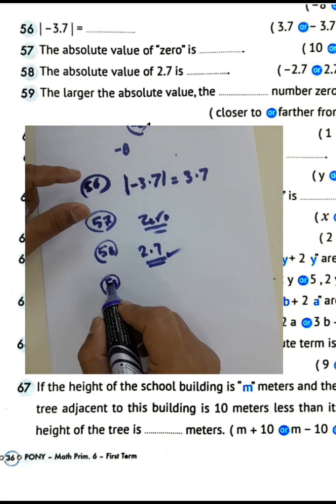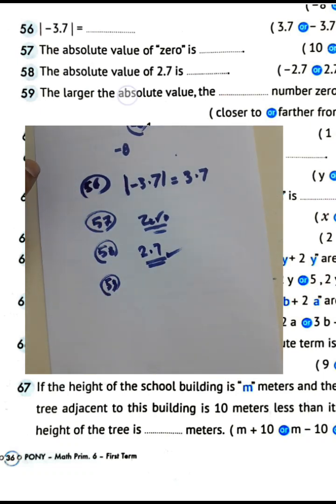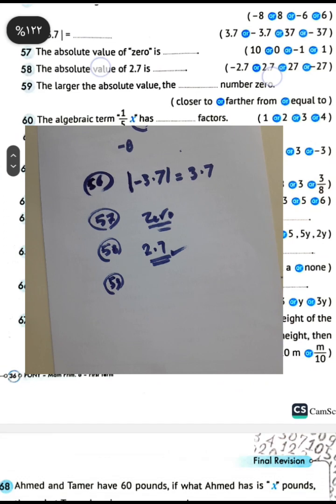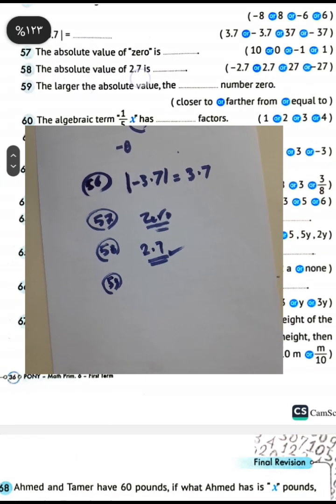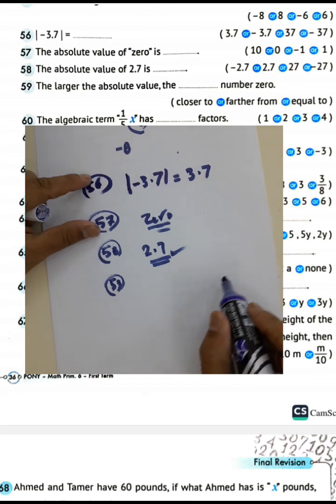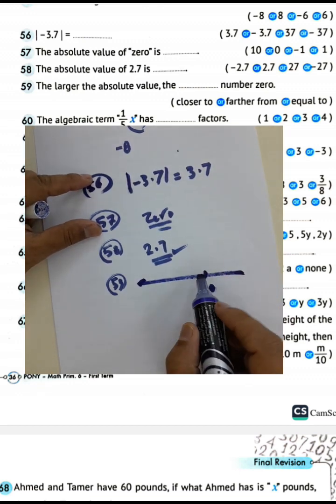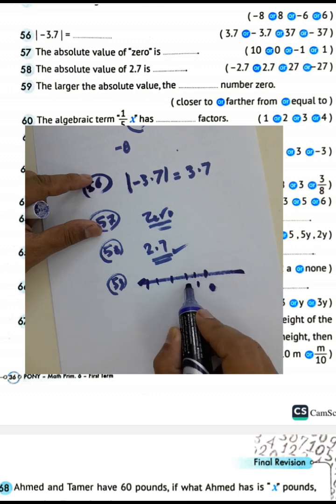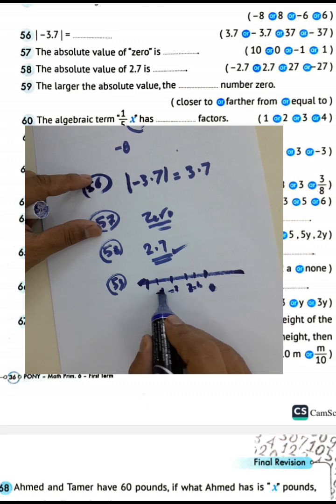Question 59, the larger the absolute value, the space the number from 0. The larger absolute value will be farther from 0. We have 0 and 1, 2, negative 1, negative 2, negative 3, negative 4, negative 5.